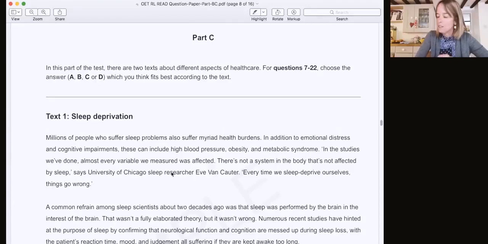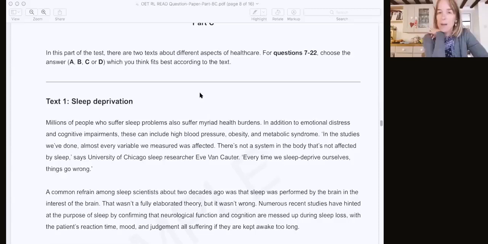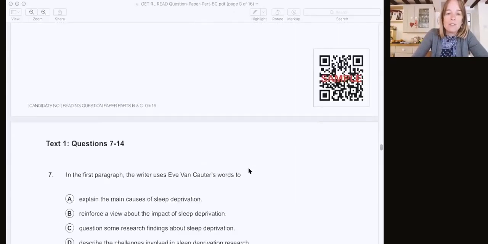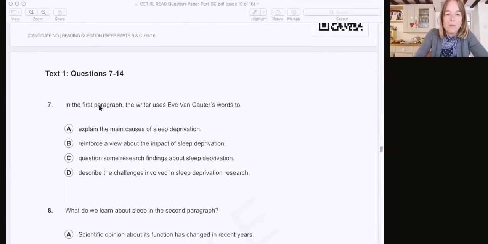Wonderful. Well, everyone has got the answer right. All those people who said B, well done. Let's just go back for the benefit of those people who don't have the questions in front of them. In the first paragraph, the writer uses Eve van Korte's words to reinforce a view about the impact of sleep deprivation.